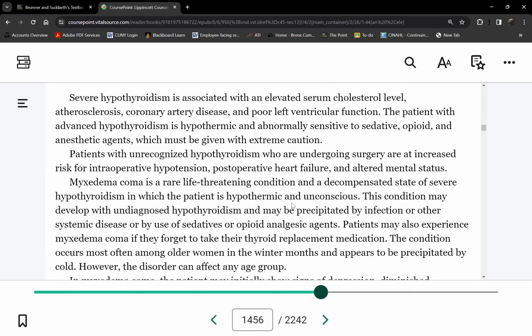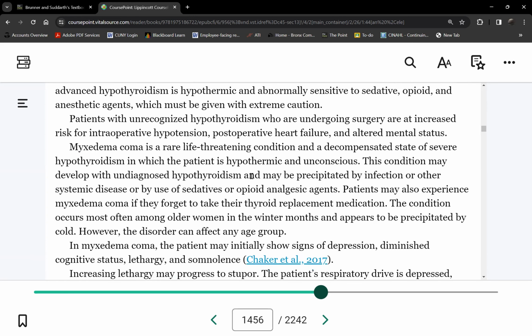Here, though, the patient will have bradycardia. There's just simply no energy, not even enough energy for the heart to properly function. Myxedema also can be precipitated by stress. Let's say the patient undergoes surgery, that can result in acute myxedema.